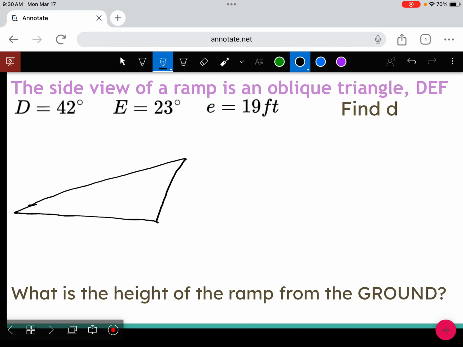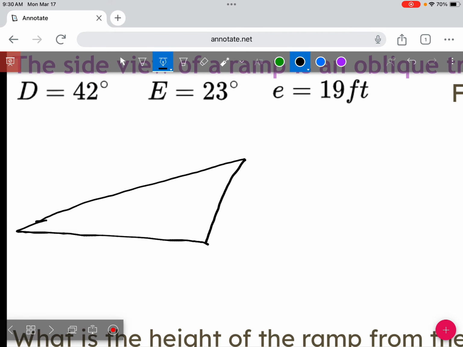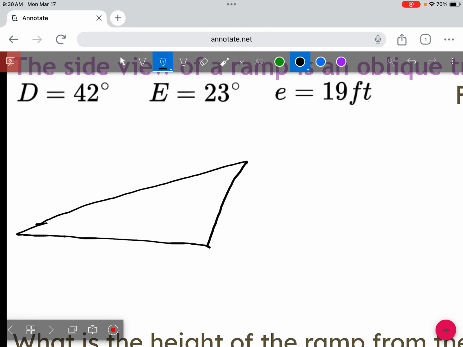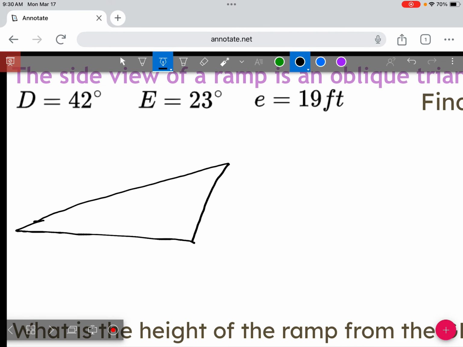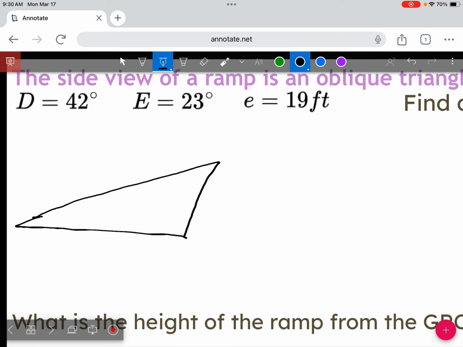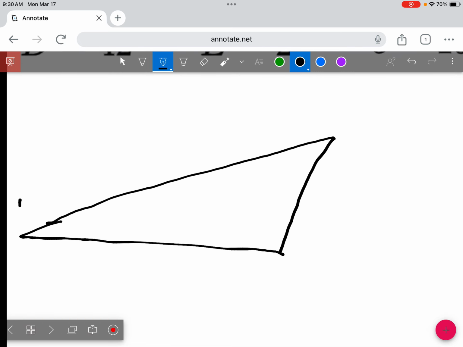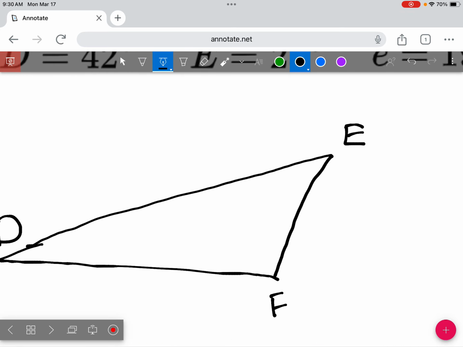So they're giving us triangle DEF. I'll just ask questions. So I'm going to put point D, point E, point F, like this. So this angle for angle D is our 42 degrees.